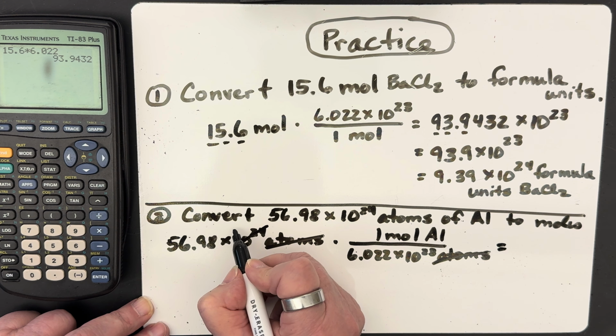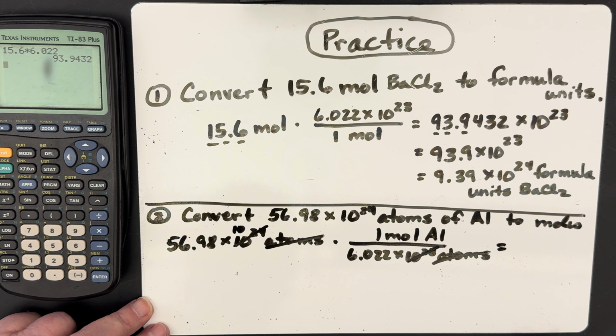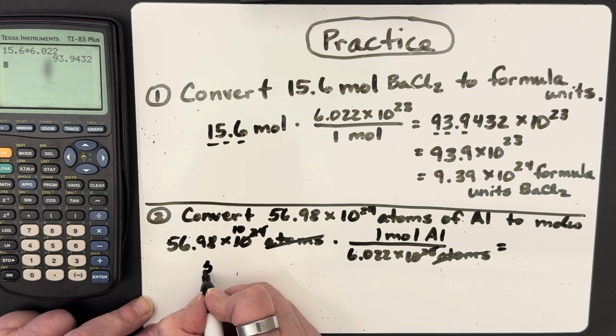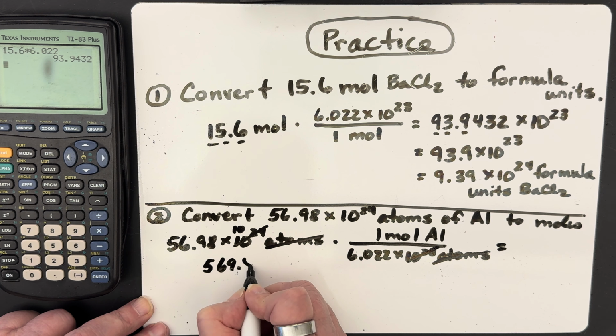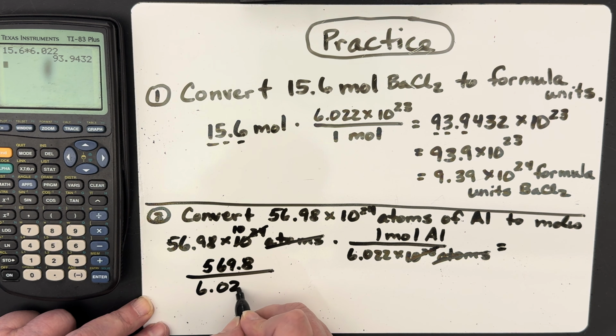We can cancel out times 10 to the 23rd. So on top we have 56.98 times 10, which is 569.8. On the bottom we have 6.022 left. 569.8 divided by 6.022 gives us 94.6197, etc.